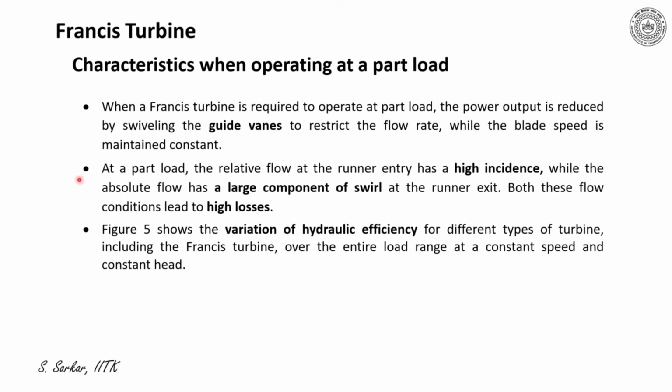At a part load, the relative velocity at the runner entry has a high incidence, while the absolute velocity has a large component of swirl at the runner exit. Both these conditions lead to high losses. Thereby, at the part load, losses would increase.